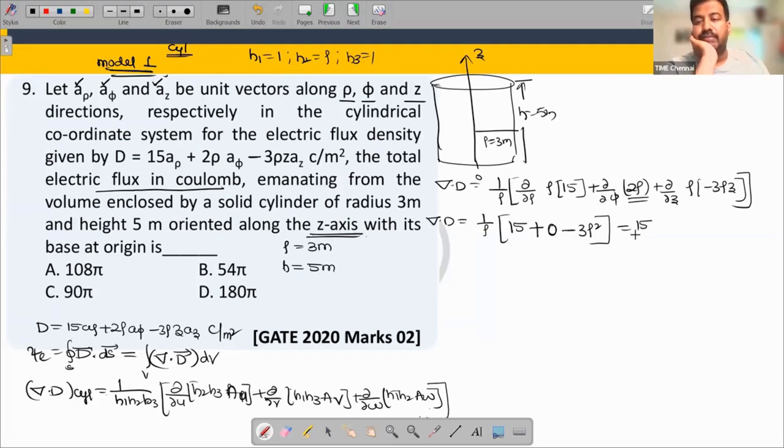This is 1 by rho of 15 minus 3 rho square.